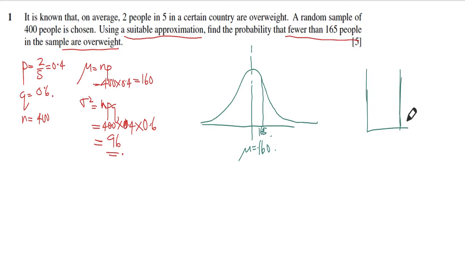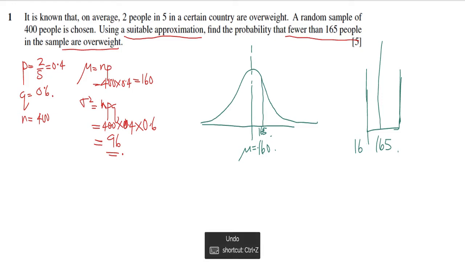correction to find what lower bound or upper bound I'm going to use. If this is 165, the lower bound will be 164.5, and your upper bound is 165.5.